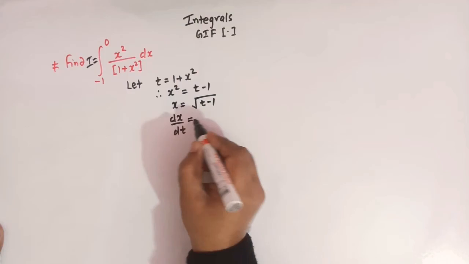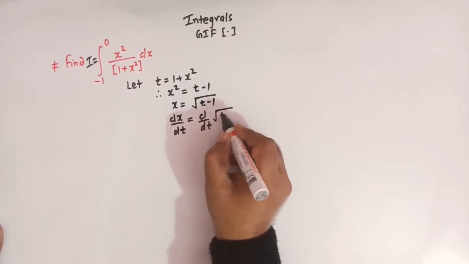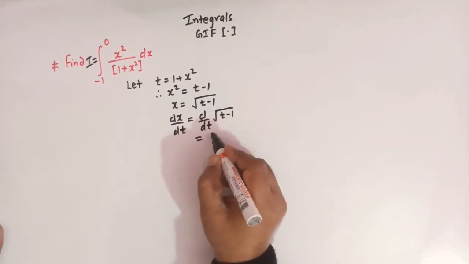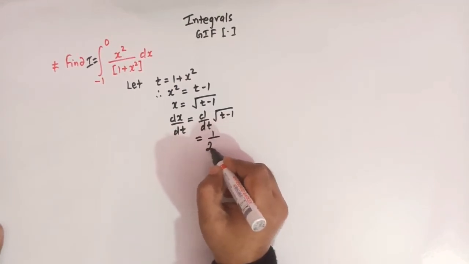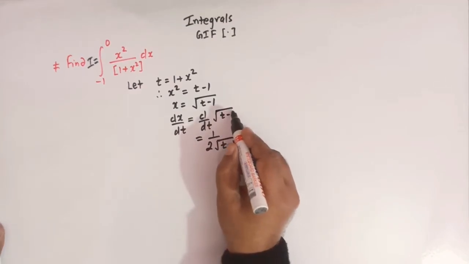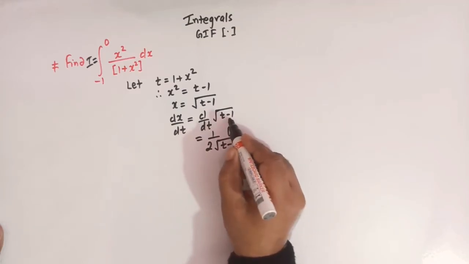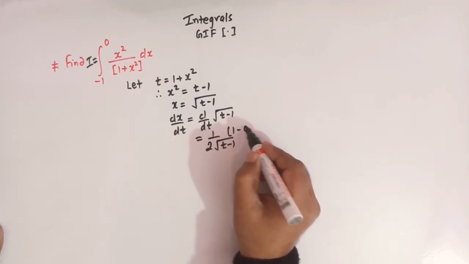The derivative of square root of t minus 1 is 1 over 2 times square root of t minus 1, and by chain rule the derivative of t is 1 and the derivative of 1 is 0.